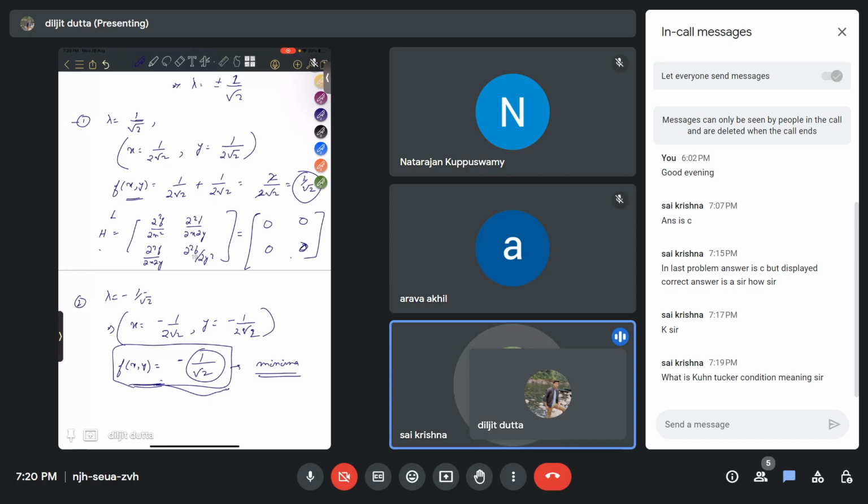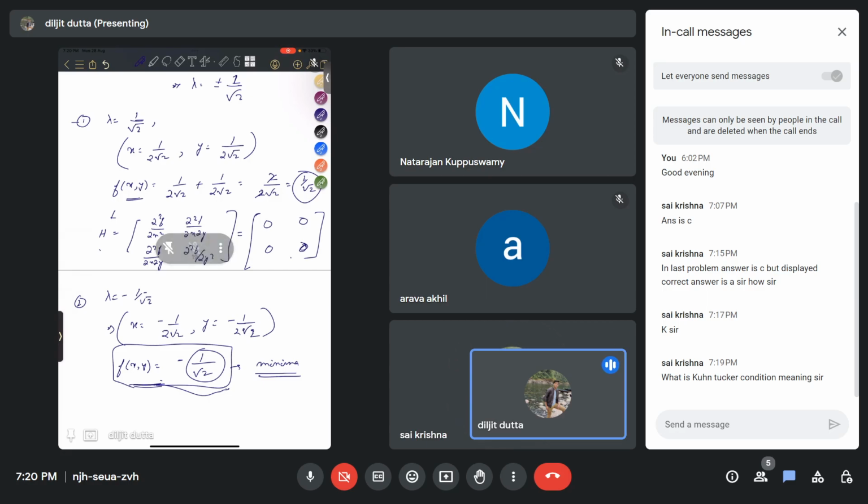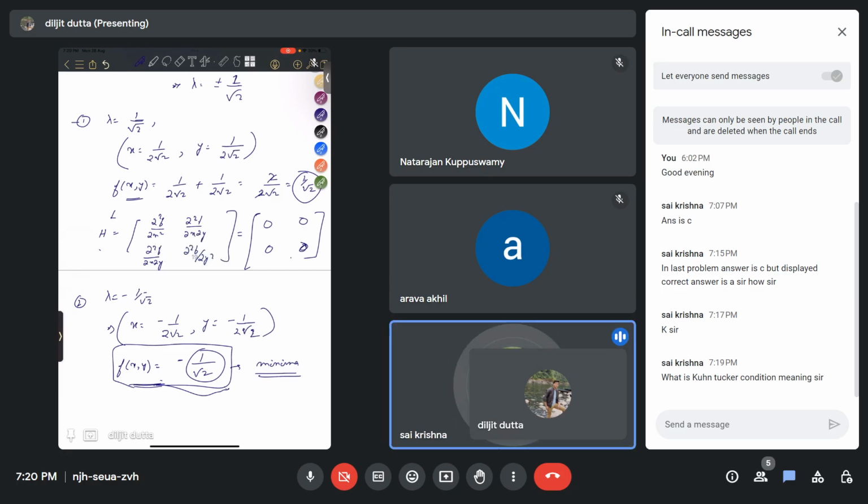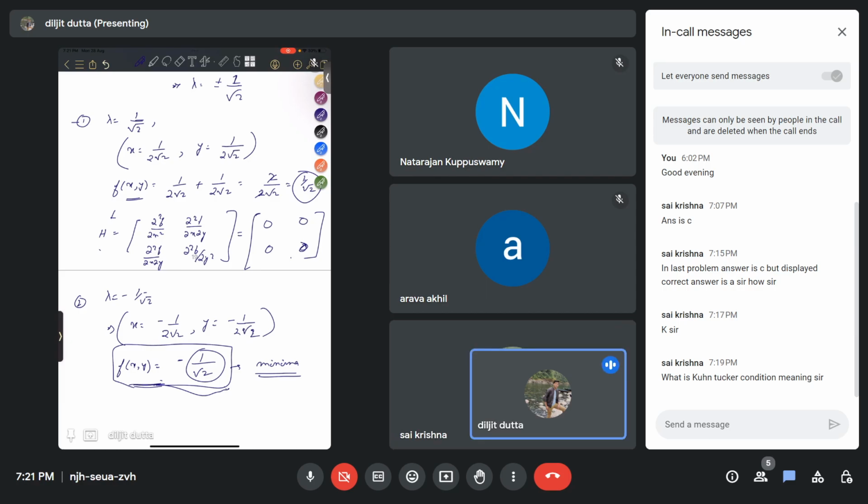But in assignment 5, one question is given: solve the following non-linear programming problem using Kantakar conditions. It is given in the week 5 assignment, but the syllabus is not covering that question. How to answer? Till when do we have the deadline for submitting the assignment? Day after tomorrow, sir.